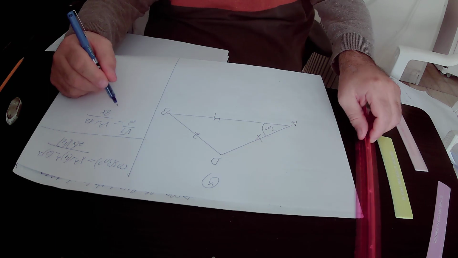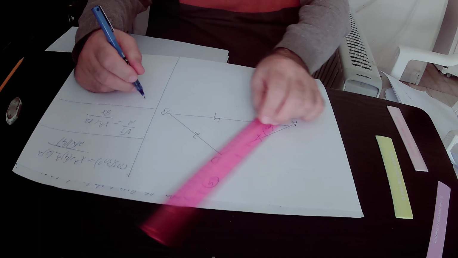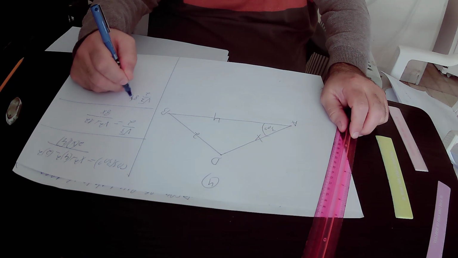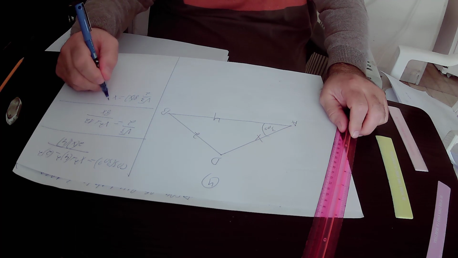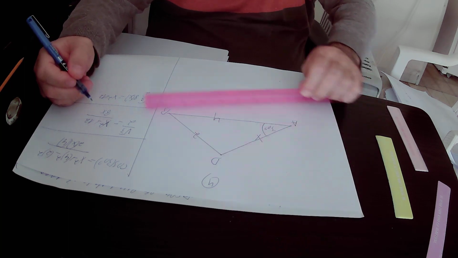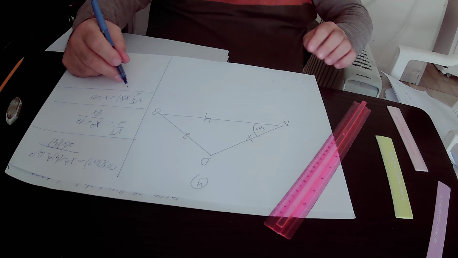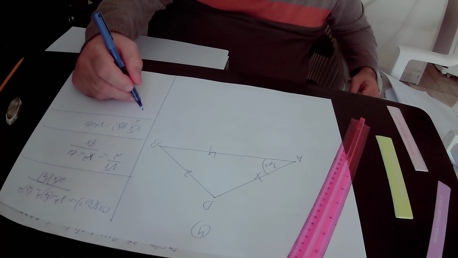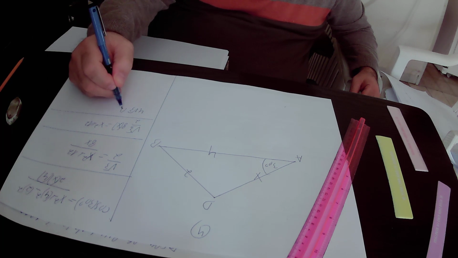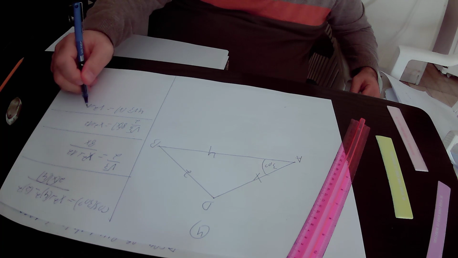We multiply this equation by 8x, and we get square root of 3 over 2 times 8x equals x squared plus 12. 8 over 2 is 4, so we get 4 times square root of 3 times x equals x squared plus 12.